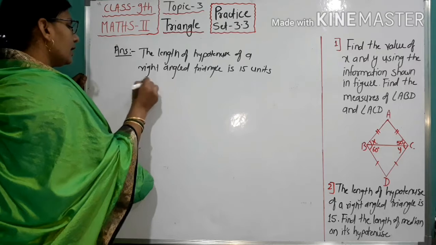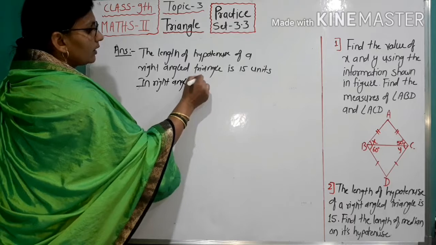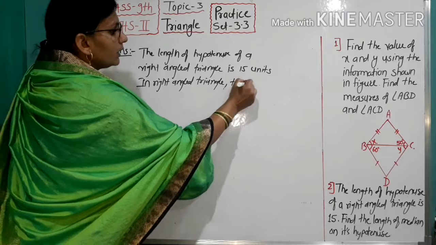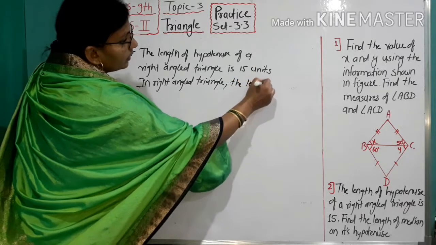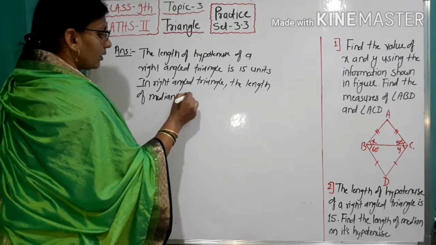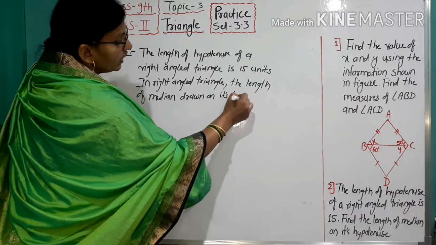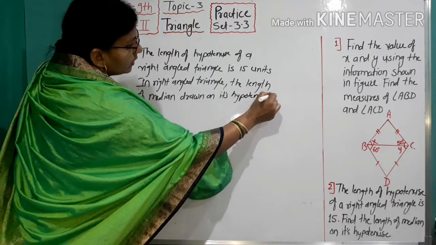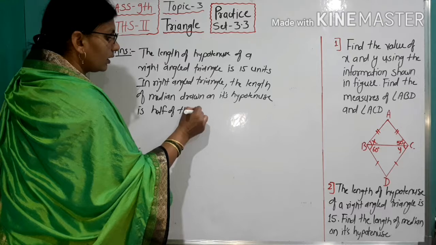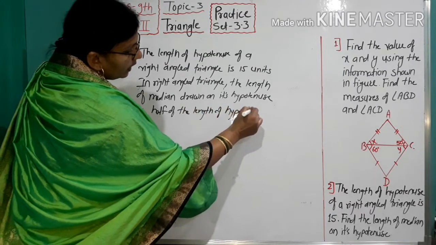Then we know that in a right angle triangle, the length of the median drawn on its hypotenuse is half of the length of the hypotenuse.